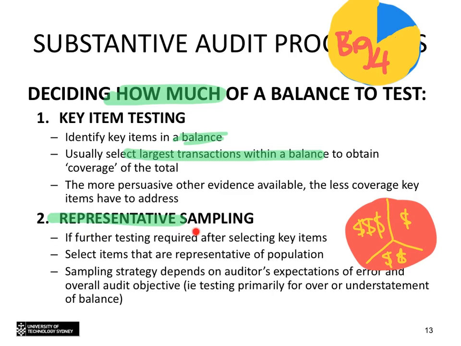That means, of course, that when I select my sample, if 1/3 of the customers are large, then 1/3 of my sample customers should be large as well, to make sure that I can make an appropriate conclusion. All right, so that part all comes down to being able to draw my conclusion correctly when I project errors or misstatements.